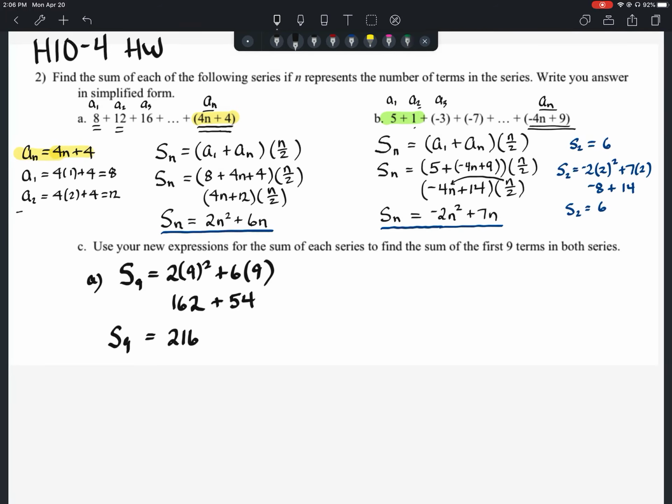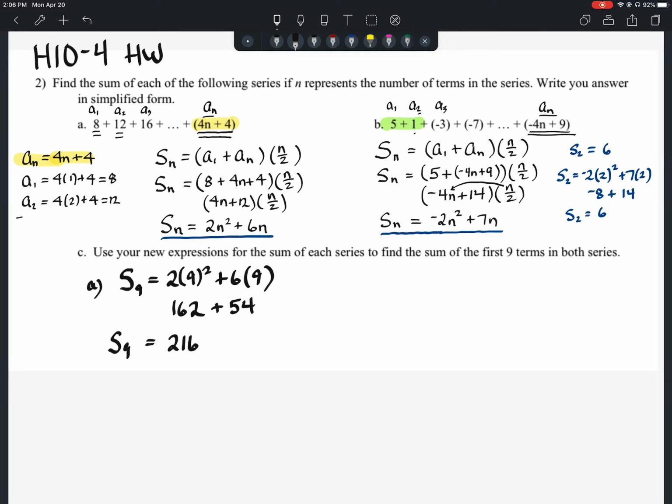And now we'll do letter B. So we'll do that down here. We're going to do the sum of the first 9 terms of, our rule was negative 2n squared plus 7n. So we're going to say negative 2 times 9 squared plus 7 times 9. 9 squared is 81 times negative 2 is negative 162.